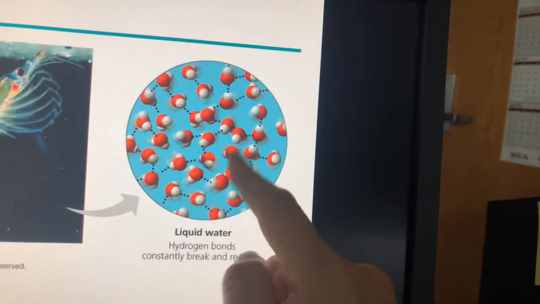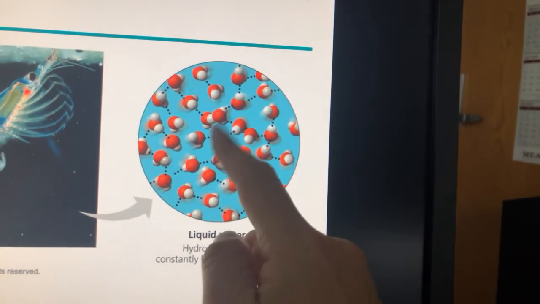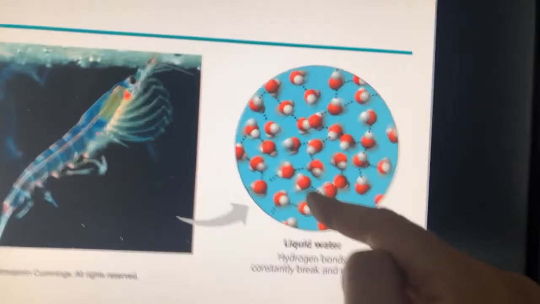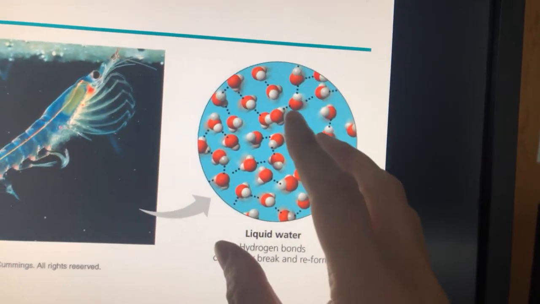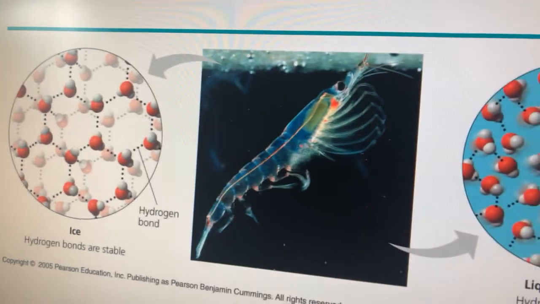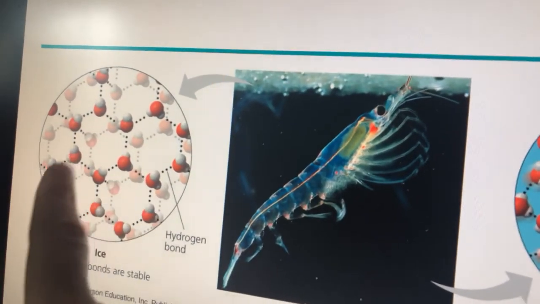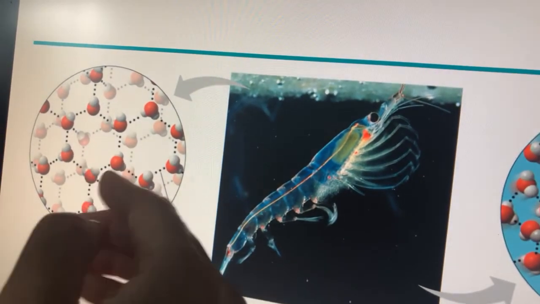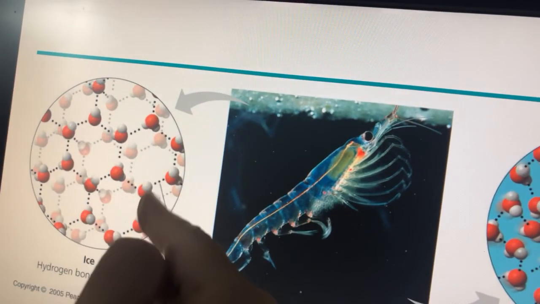In liquid water, they're moving faster, and they will be breaking those hydrogen bonds and reforming them, so that it has a liquid property. When the temperature gets closer to 0, they slow the movement down, and because they hydrogen bond, those bonds form specific angles that make this crystalline structure. They're not moving fast, they don't have enough energy to break those hydrogen bonds, and so you can see that they are spaced out.